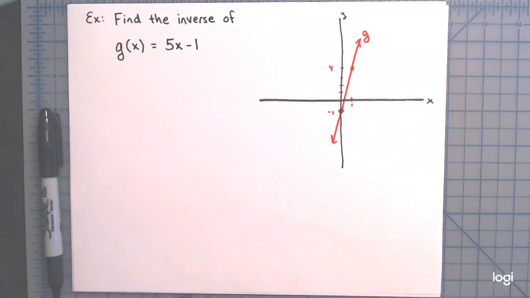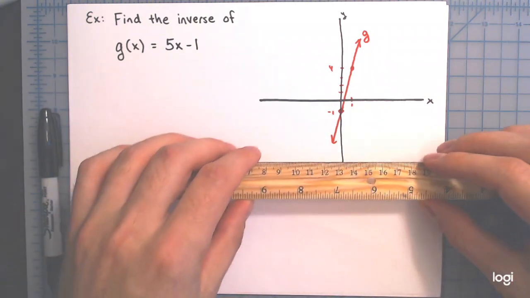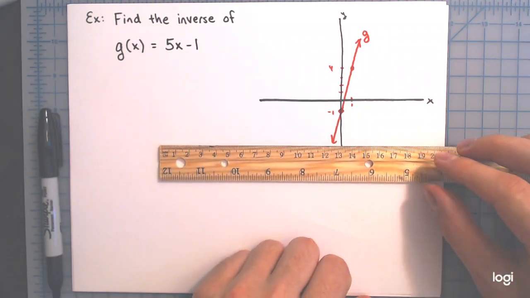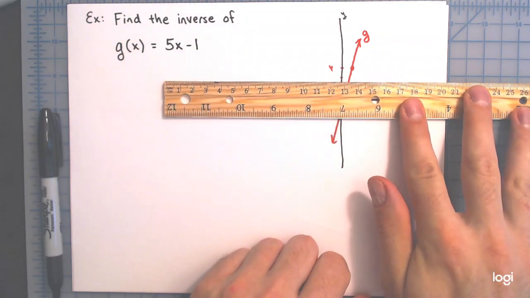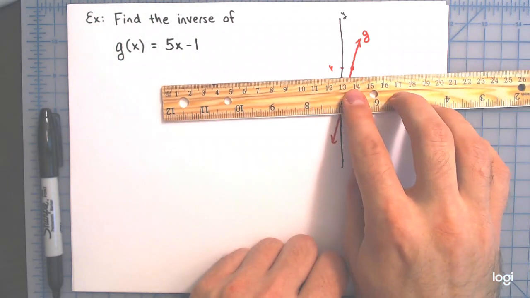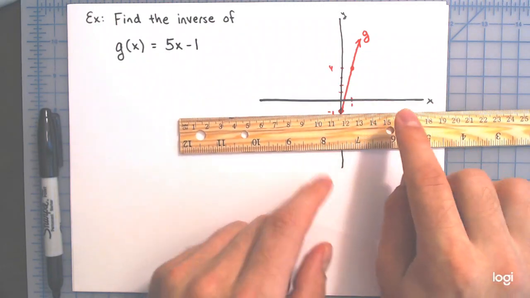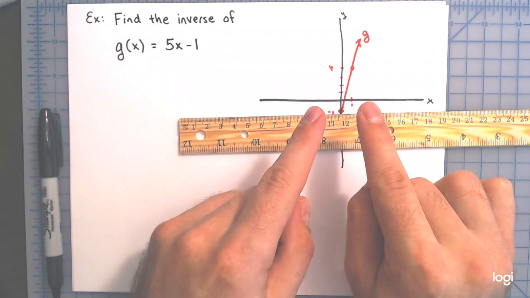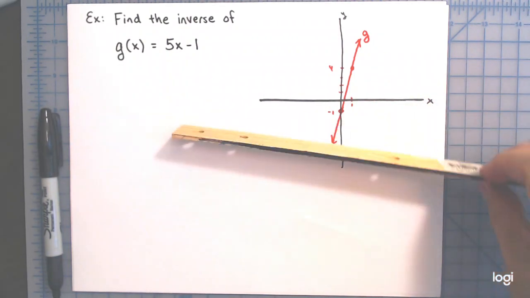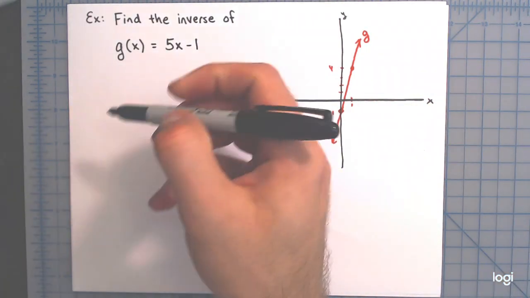And you see how this passes, even with this rough sketch, the horizontal line test. If I were to draw any horizontal line, it would hit the graph in at most one point. There aren't two different inputs that give me the same output. Every pair of different inputs gives me different outputs. So this is indeed a one-to-one function.